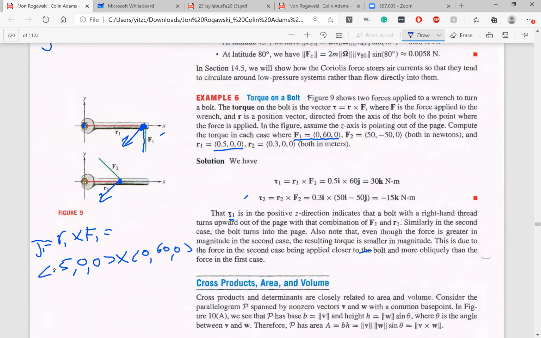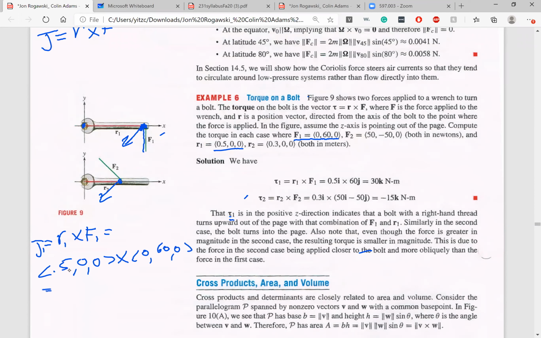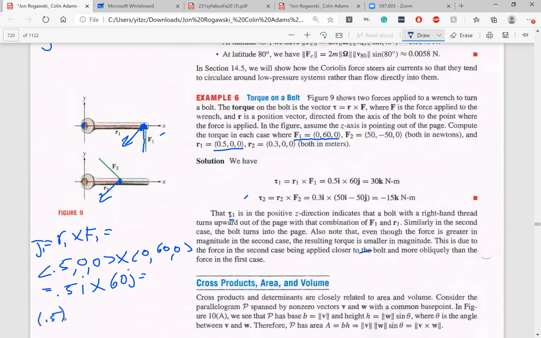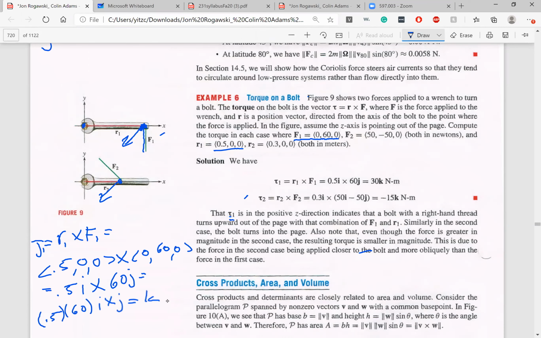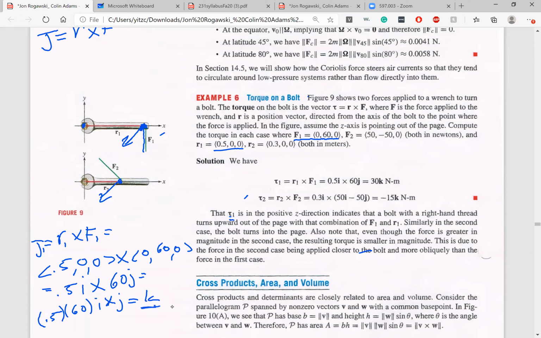Because these vectors are fairly simple, we can just rewrite this as 0.5i cross 60j, which is equal to 0.5 times 60 i cross j, which is equal to k. So like I said, the k is in the z direction.